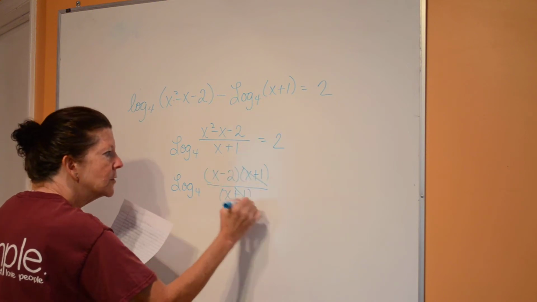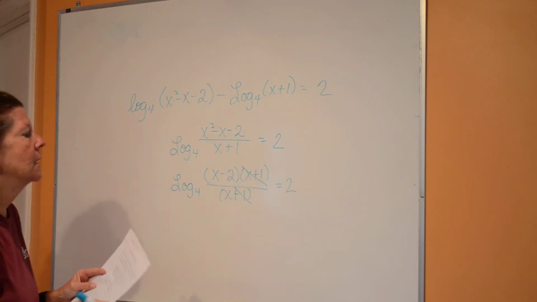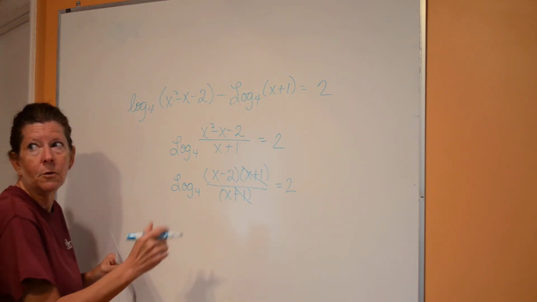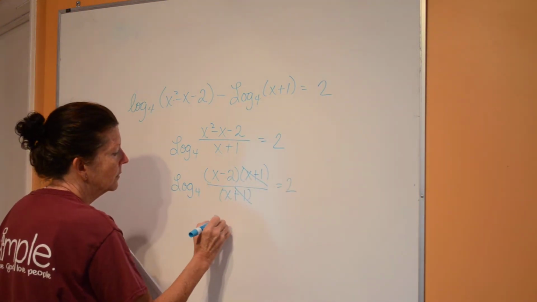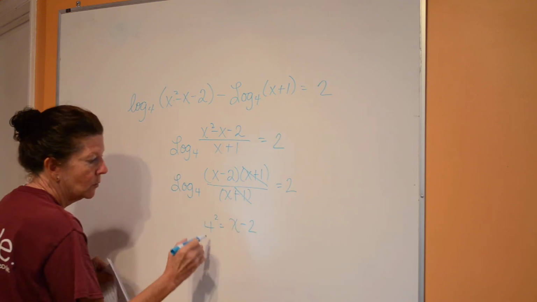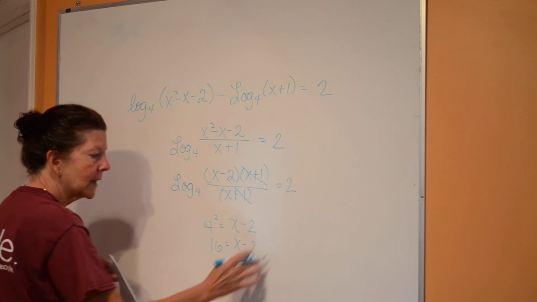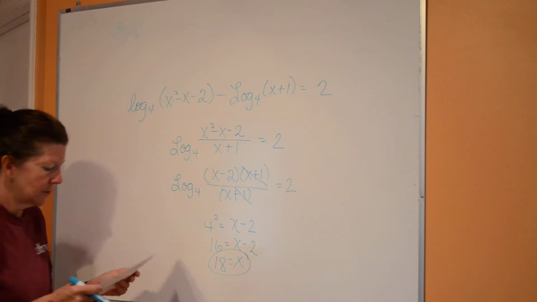So those two do go away. Now notice I only have a logarithm on one side. So to solve this, I'm going to have to put it in exponential form. So I have 4 to the 2nd power is equal to x minus 2. So 4 to the 2nd power is 16. X minus 2, I'm going to add the 2, so I'm going to get that x is equal to 18.